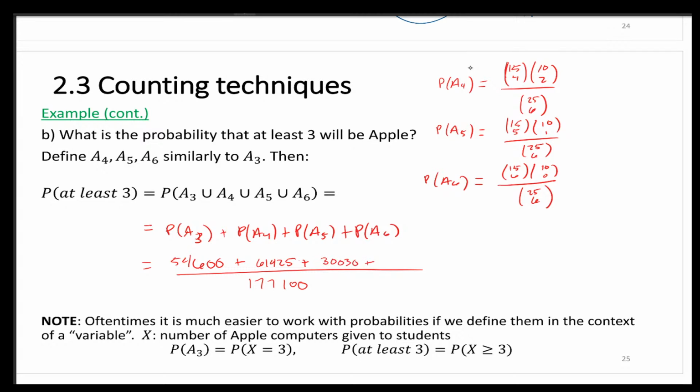And then 15 choose 6 is 5,005. And that comes out to be 0.8530. So 85% of the time, we'll have at least 3 Apple computers in our random selection of 6 computers.